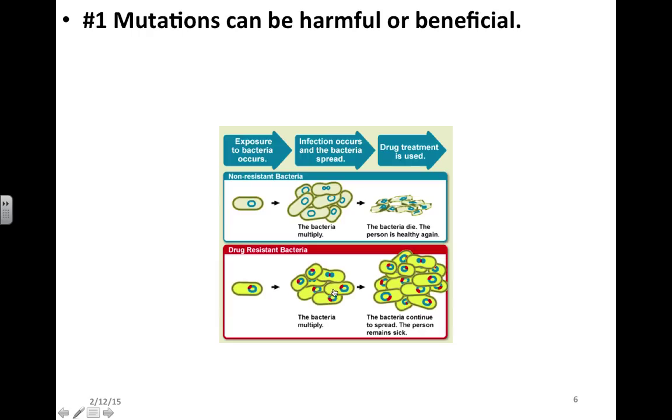And the reason that these bacteria are able to be resistant to drugs is because when they reproduced, remember the usual scenario with natural selection, a bunch of organisms are born, right? And so we get a whole bunch of bacteria multiplying.